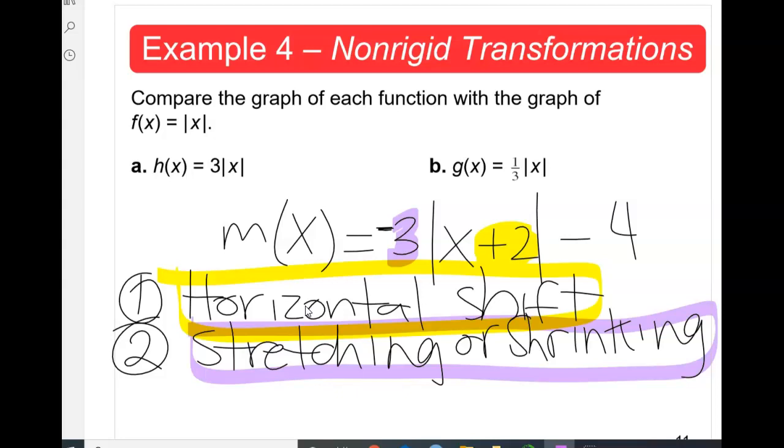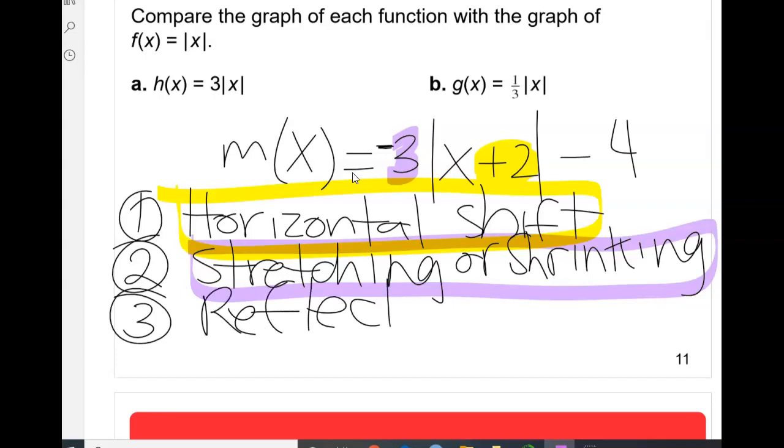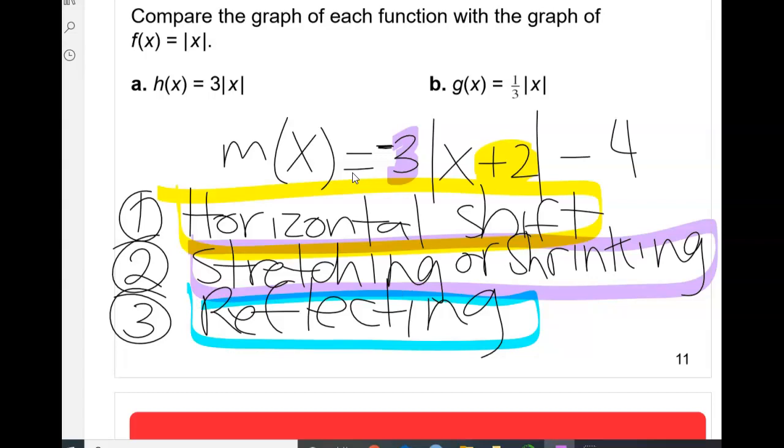And then third, you will have to take care of your reflecting, whether it's across the x or the y-axis. How do we know how we are reflecting? Well, that is given by this negative sign right here.